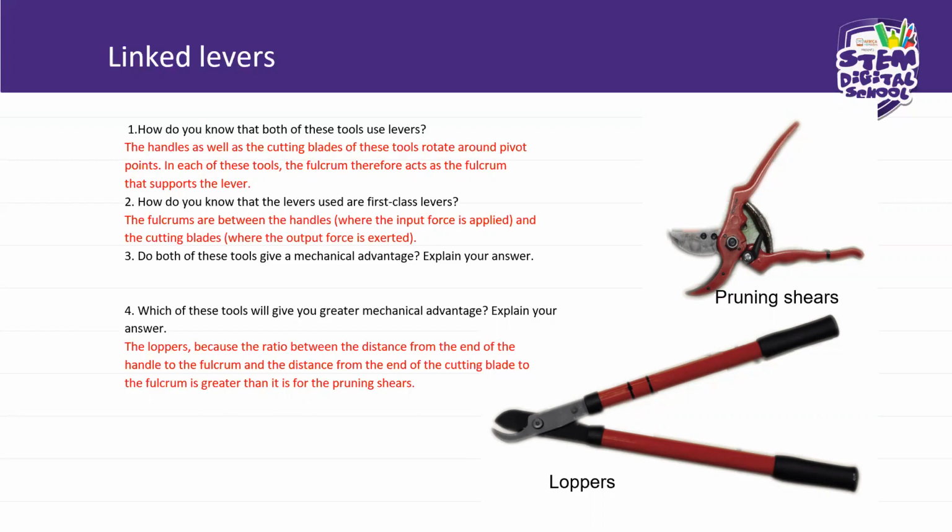Do they give mechanical advantage? Just think about the first two slides that I did with you just now and answer the question. Yes, they do give mechanical advantage.